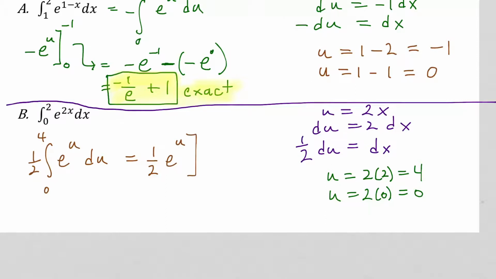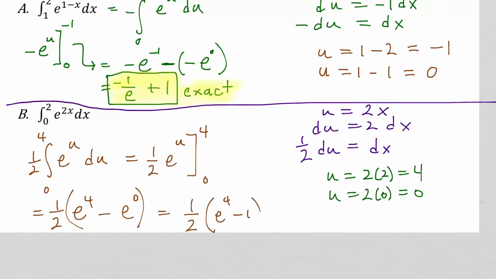And this is a definite integral, so we end up with a number evaluated between 0 and 4, 1/2 e to the 4 minus e to the 0. All right, so we know e to the 0 is 1, so this is 1/2 e to the 4 minus 1. So this is a number, so we've evaluated our definite integral.